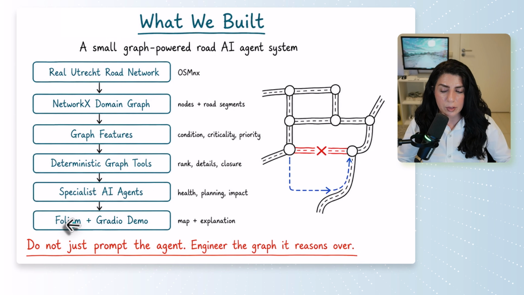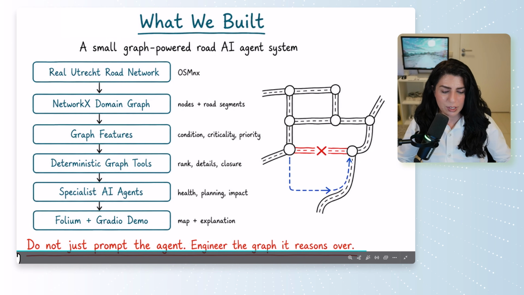And then we've got Folium and Gradio to make the usability, the map plus explanation. So you can now add graph for more context, and you can create these really high-value, production AI agents.